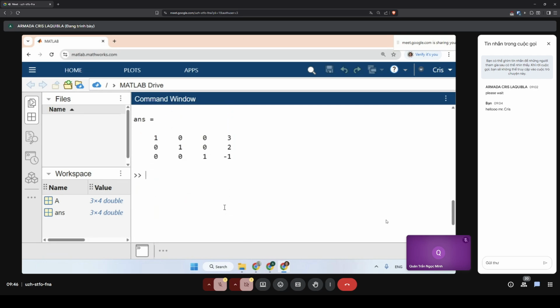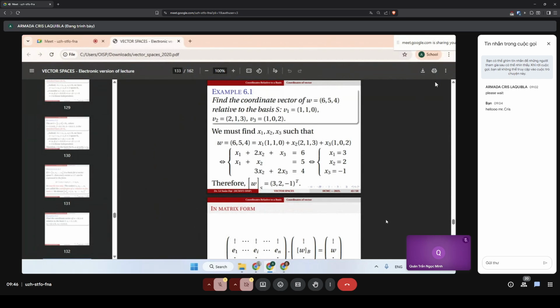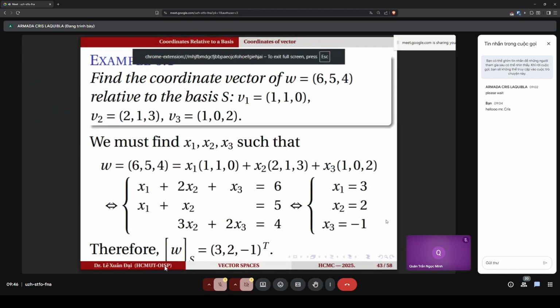And we have this one. This is the column for x3. The answer is negative 1. The x2 is equal to 2. And your x1 is equal to 3. So we are correct, right? Yes, 3, 2, negative 1. We have that. And that is now your coordinate vector of S.